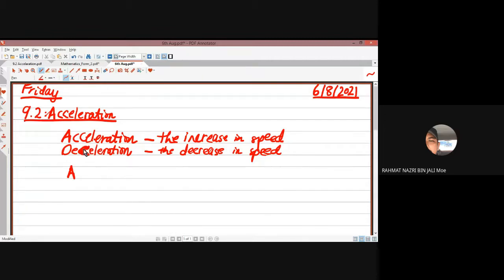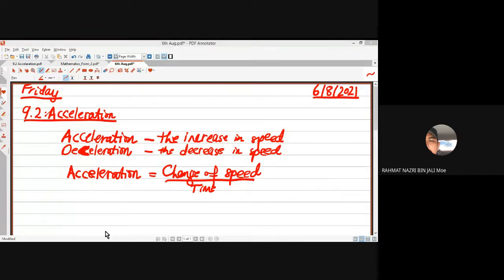Okay, so acceleration is equal to change of speed divided by time. Time taken just now. Time taken, yes.